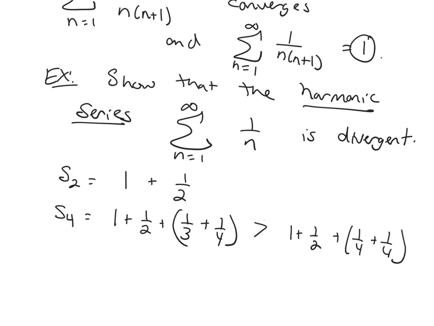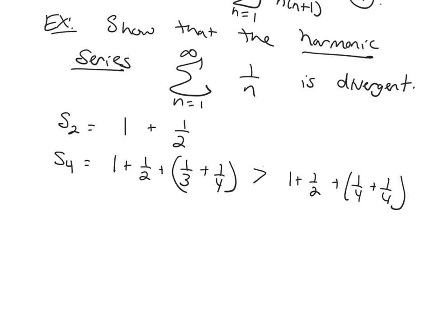And if you simplify this now, you have a fourth plus a fourth. It's 2/4 or 1/2 plus 1/2. So I'm getting 2 over 2. So S4 is greater than 1 plus 2 over 2.